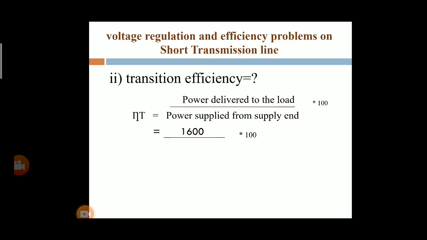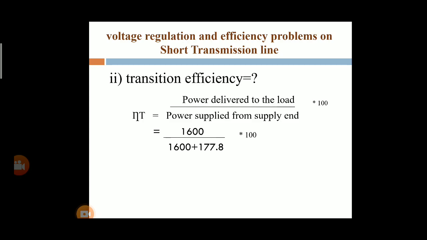What is the power delivered? That is 1600 plus losses. We already calculated the losses, the 3I square R value, which is 177.8. Substitute this value in this equation, then we obtain the efficiency.